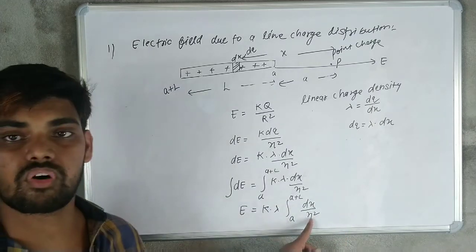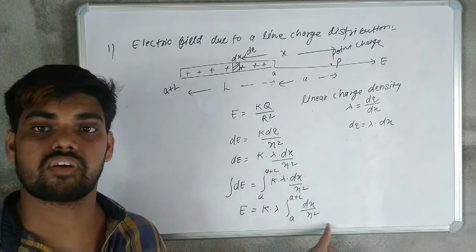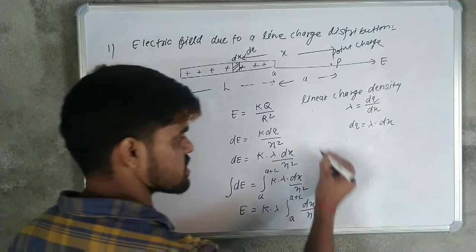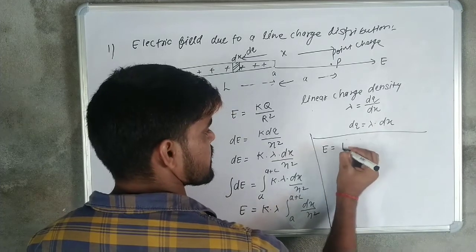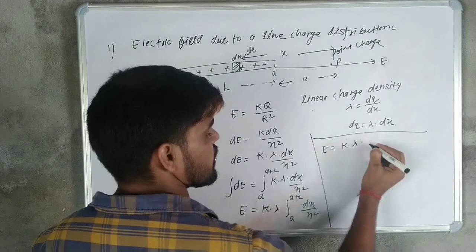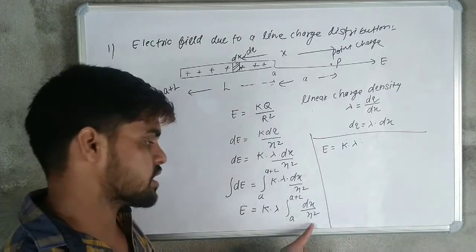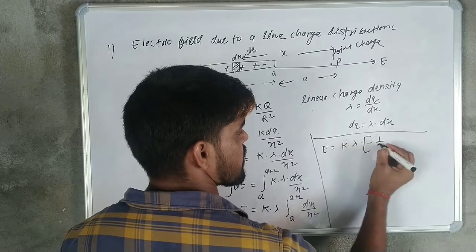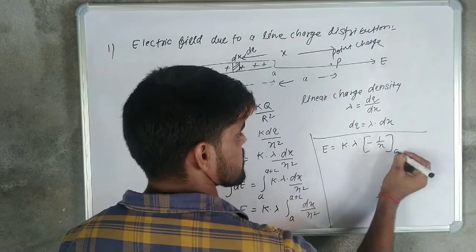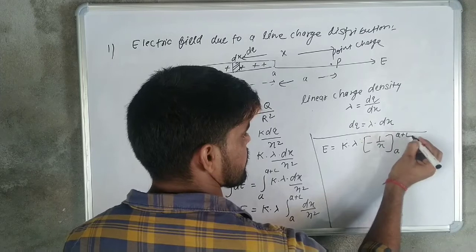The integration of 1 by x square will be minus 1 upon x, with limits a to a plus l.